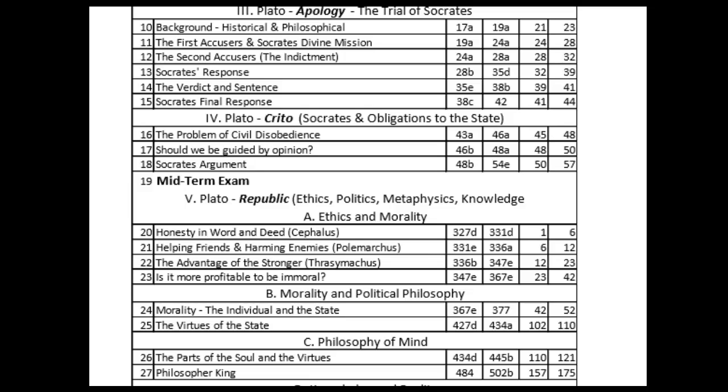And from there, we'll move on to Plato's Crito, which many scholars think is about political philosophy. That is, Socrates' views on the moral obligations people have with regard to the state or society, and we'll be discussing the problem of civil disobedience in that regard.